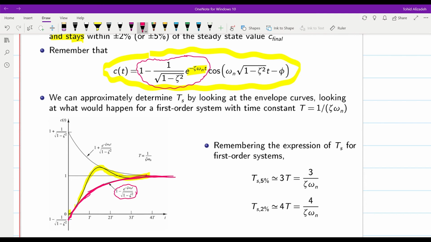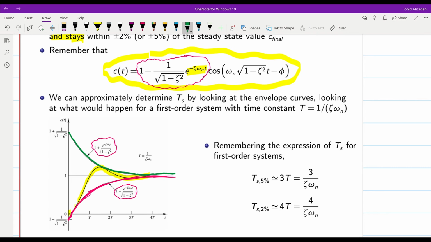If we draw the 1 plus e^(-ζω_n t) over square root of 1 minus ζ squared, which is over here, we will end up with this graph.